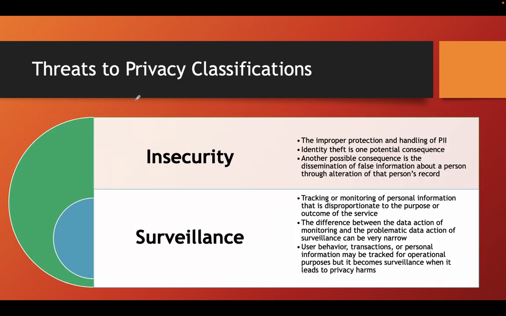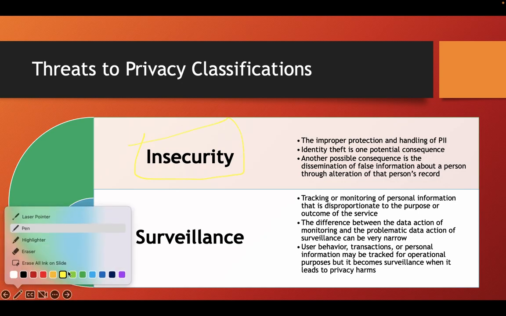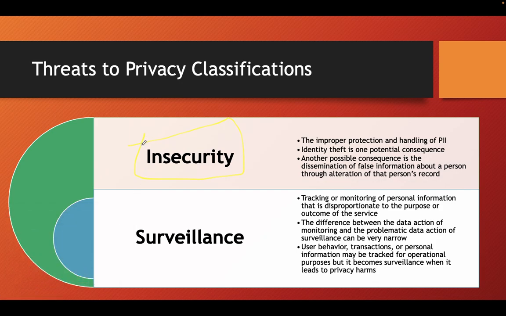Now let's go to the fourth one. The fourth one is insecurity. Let's choose another color. I think this yellow is not very conspicuous. Let's choose green. So, threat to privacy classification. One of it is insecurity.